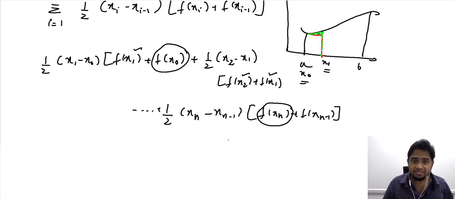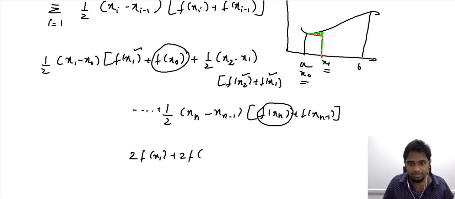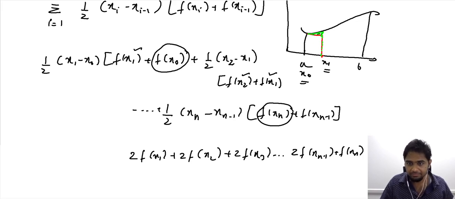In that case, the functions of these points, x1, x2, x3, and so forth up to xn minus 1, gather a coefficient of 2, and the rest will remain the same.